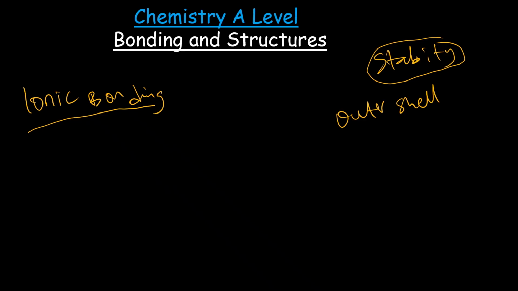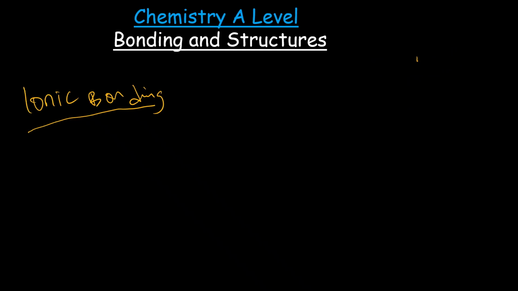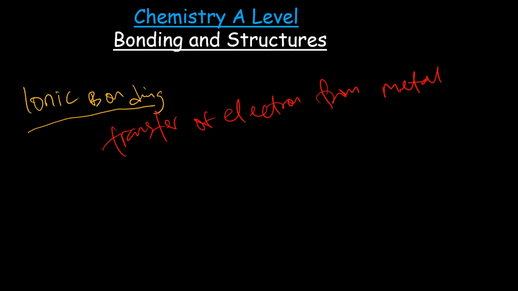Now, ionic bonding simply involves the transfer of electrons from a metal, or from metals, to non-metals.